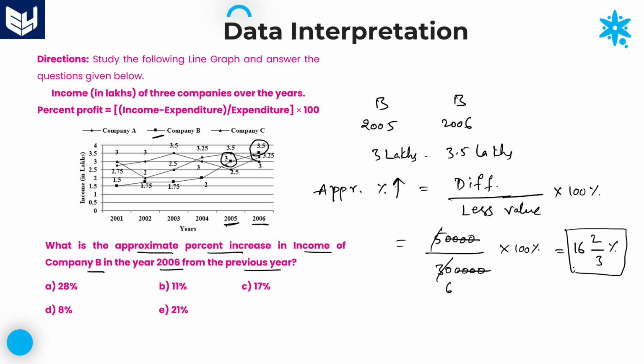So 16 2 by 3 percentage. Since we are calculating the approximate percentage, it is close to 17 percentage. According to the options, 17 percentage is the right answer for this question. Option C.